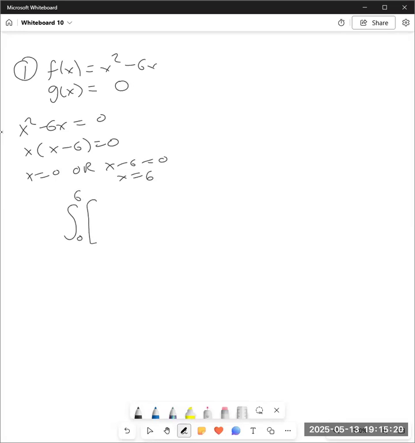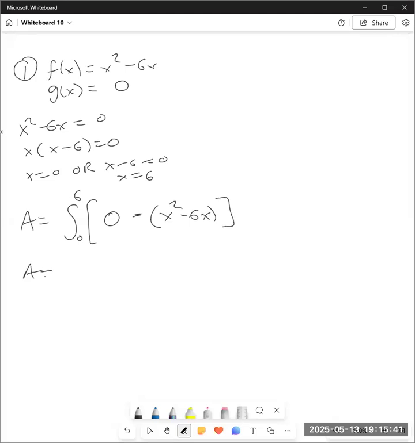And then we need our upper function, which is going to be g of x, which is 0, minus our lower function here, which is x squared minus 6x.